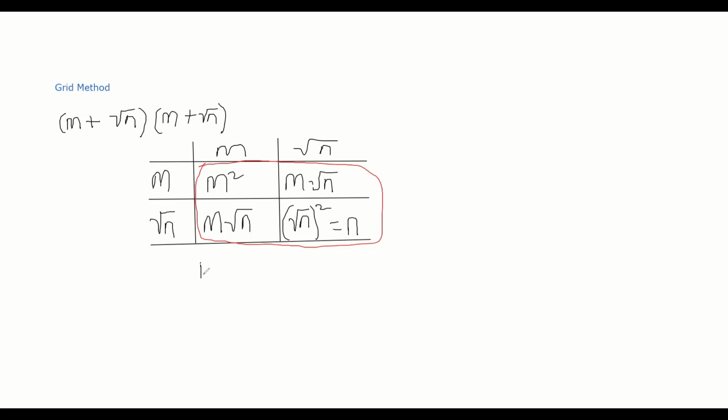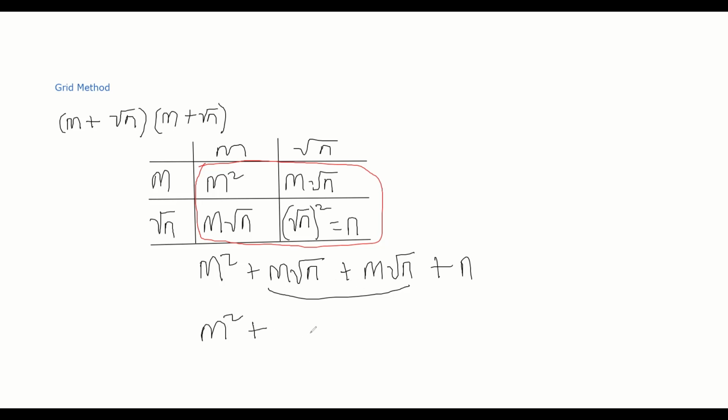We're going to have m squared plus m root n plus m root n, that's the second one here, plus n. And you can see these two terms are summable. So we say m squared plus, when you add these two terms, we have 2m root n plus n.